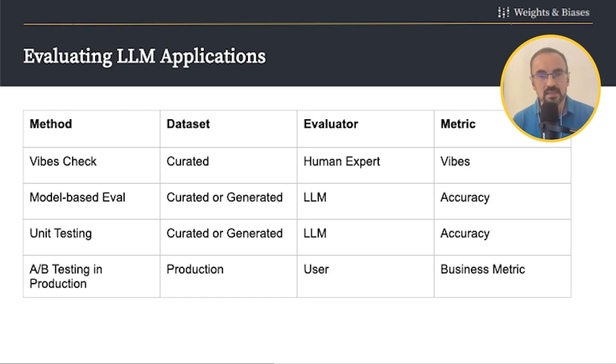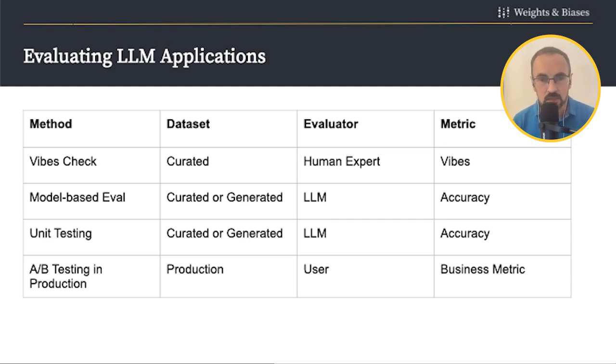A way to do this in a bit more robust way is to get more granular. This is something we call unit testing, similar to how in HumanEval, for each question, for each function, we have a set of unit tests that we need to pass. We can do the same for language model generations.